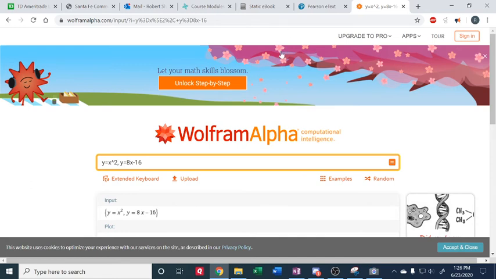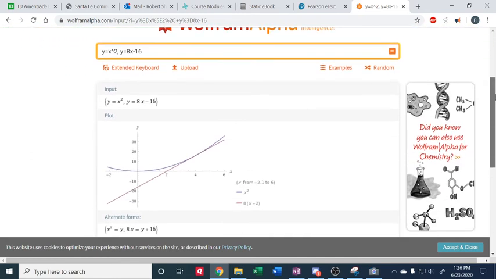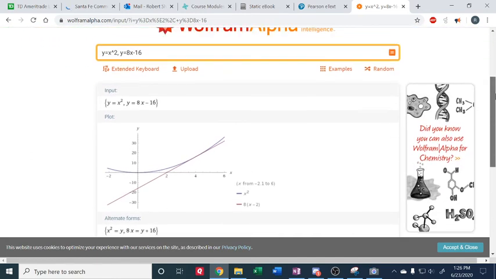Let's see if it'll graph both of them on the same axis. It does. And when it does, what do we notice? That we get a tangent line at x equals 4. Right above x equals 4, that's where we nick the curve. And it just nicks it. That's the equation of the tangent line.